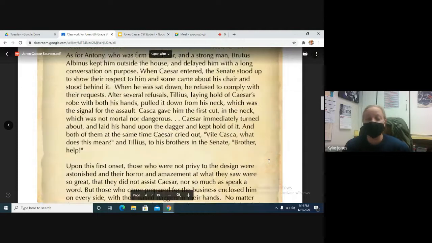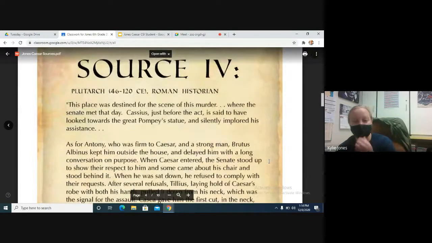So that was kind of a lot of information, but essentially, two people, Antony and Brutus, stopped him outside his house and talked to him for a little bit to kind of hold him back from this meeting. Cassius was said to have prayed to Pompey, which is one of their gods, right before it all happened.